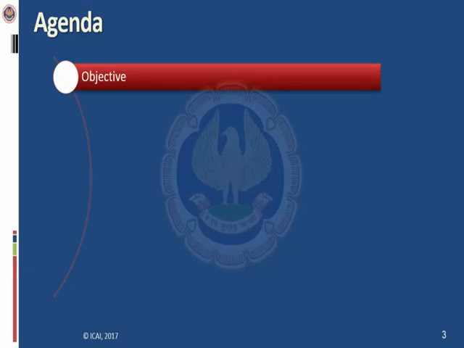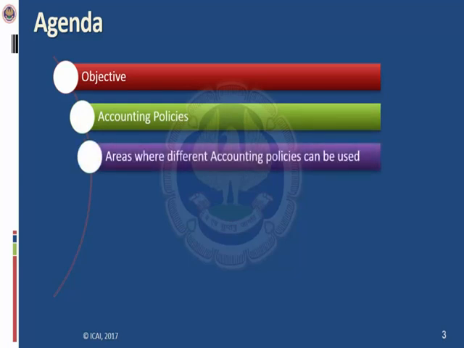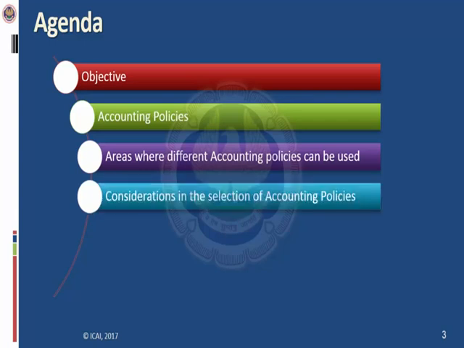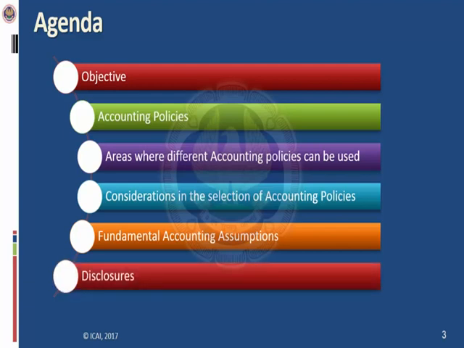We will learn why this standard was issued; accounting policies, what is the meaning of an accounting policy; areas where different accounting policies can be used; consideration in the selection of accounting policies, what should be kept in mind while selecting accounting policies; fundamental accounting assumptions, the basic assumptions which have to be there while preparing financial statements; then disclosures, the relevant disclosures related to accounting policies.